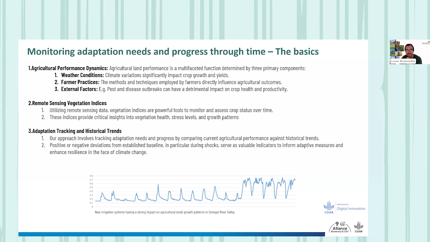So first, we say agricultural performance dynamic is basically three things. It's weather conditions, how was the climate, or how was the weather, if there is drought, is there particularly a lot of rain and so on, farmer practices, and external factors like pest and disease and so on.